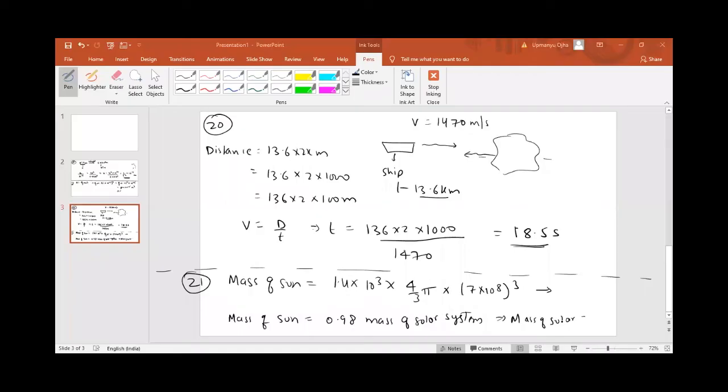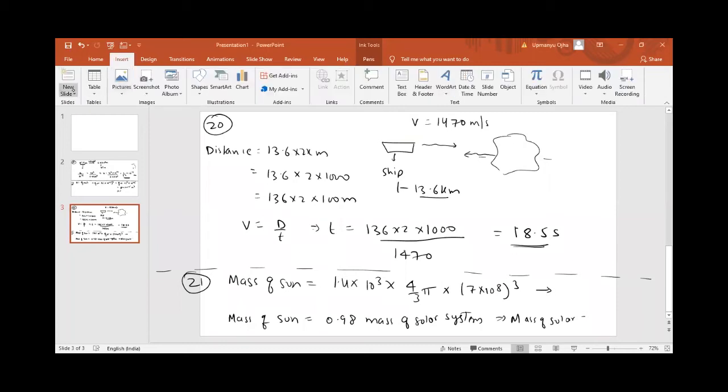Okay, you get the answer for this. Now is the screen visible or not? So mass of the solar system would be mass of the sun divided by 0.98. You will get the answer for that. Okay, fine.